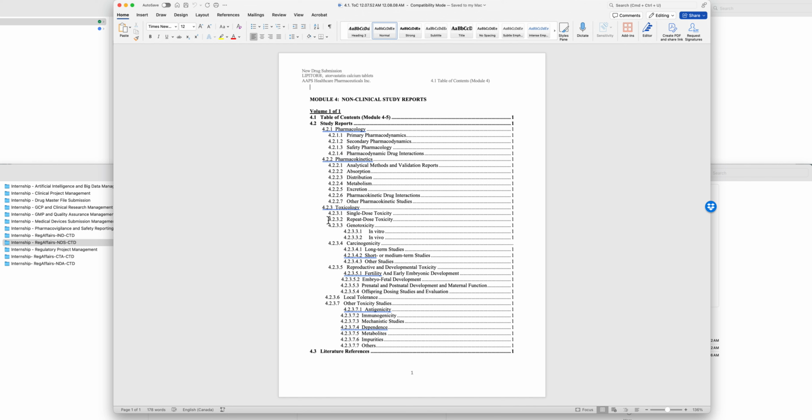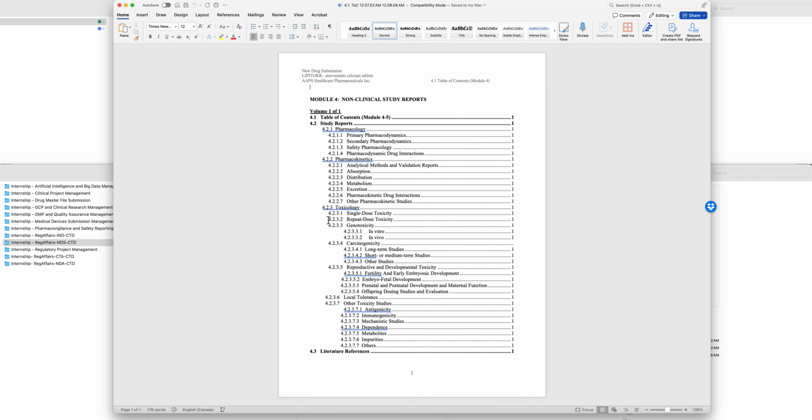Again, not only the hepatocytes are going to metabolize the drug, but we also have other organs that also have CYP 450 enzymes that are involved in the metabolization of the drug as well.